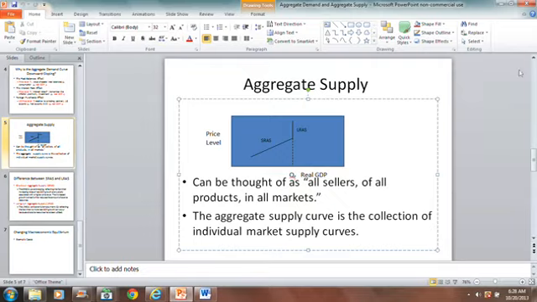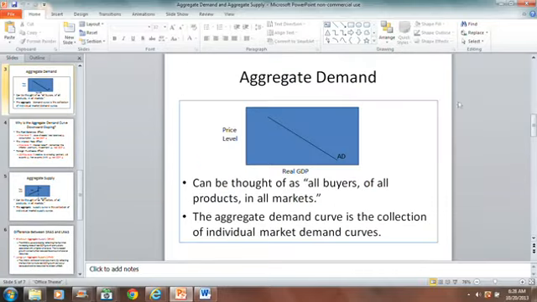The aggregate demand curve also can shift. If it shifts to the right, it's called an increase in aggregate demand. If it shifts to the left, it's called a decrease. And there are many factors that will make the aggregate demand curve and the aggregate supply curve shift.